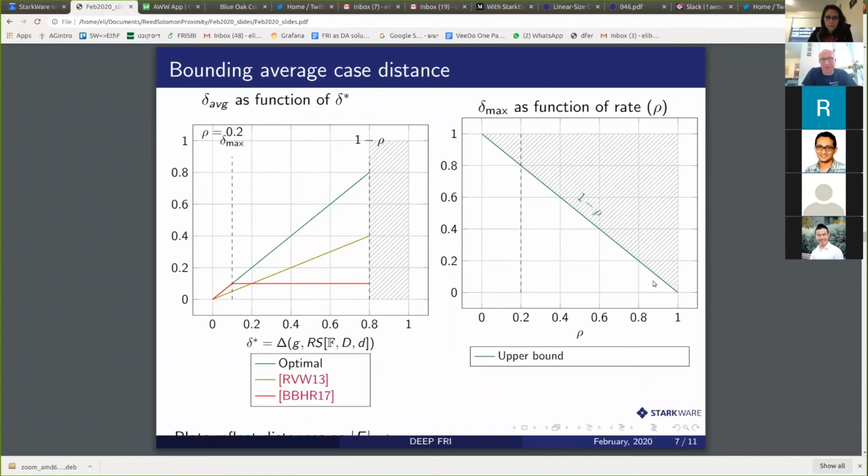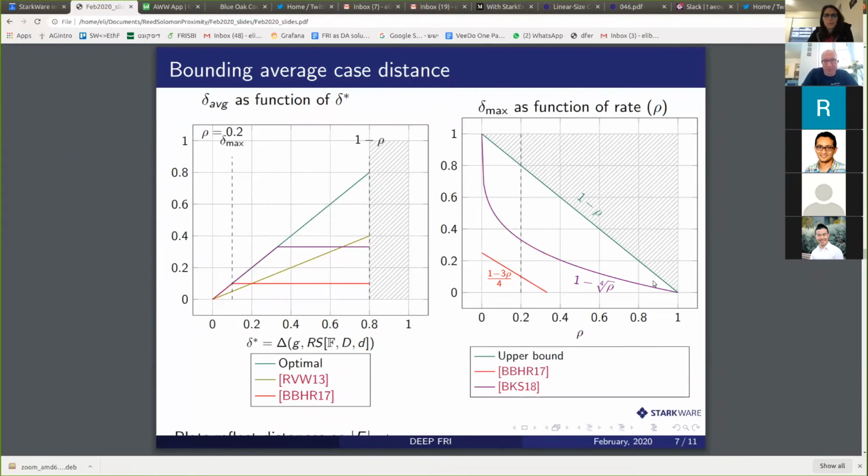So as the rate goes to 0, you would like your delta max to become higher. And the original paper had a relation between delta max and rho that looked like the red line on the left-hand side. And we would like to push it as far to the right upper corner.